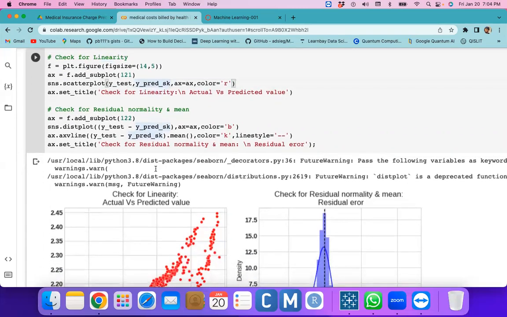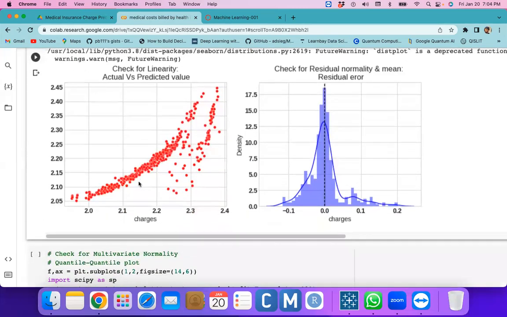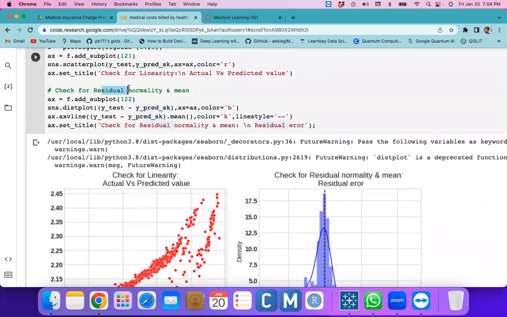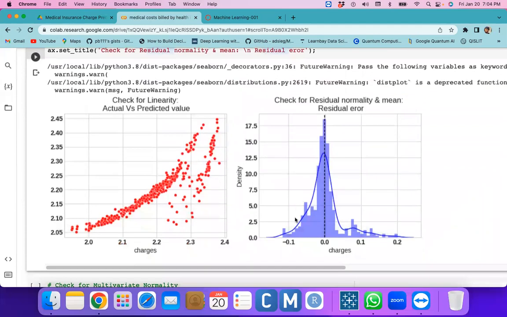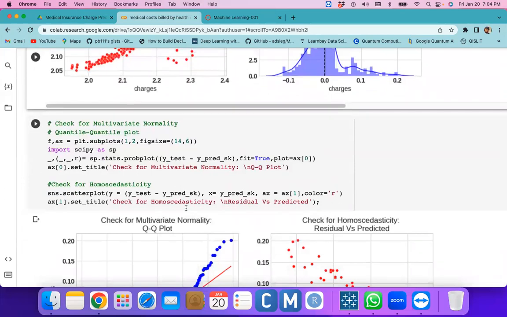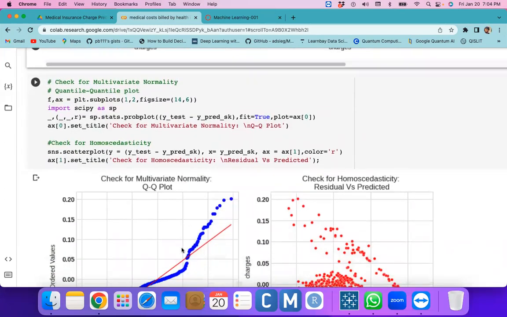One graph is for linearity between the actual and predicted. And we are going to be checking the residual normality. Is this graph a normal distribution or not? And is there any kind of multivariate normality?